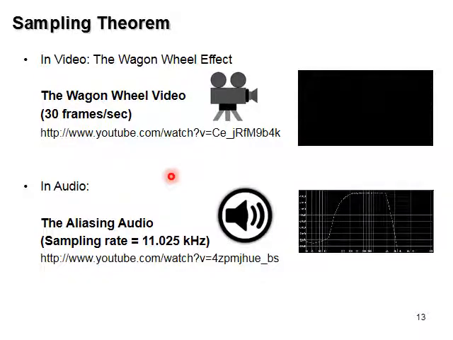Then to be able to see that this wheel is actually rotating in the right direction, you need to sample at least twice this number, which is 100 frames per second. Given that we saw here that the wheel is static, it's not moving at all, then most probably this frame rate is not high enough to capture the rotation of that wheel. That effect that you see in many cases in movies is what they call the wagon wheel effect.